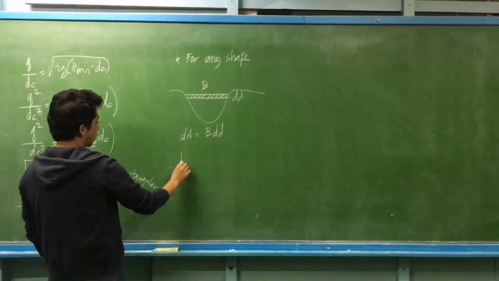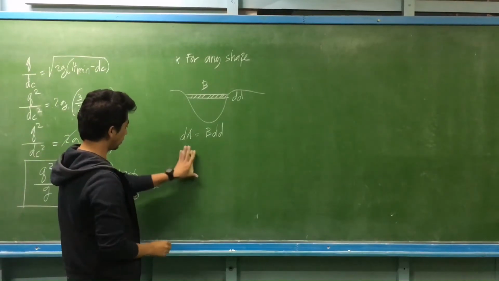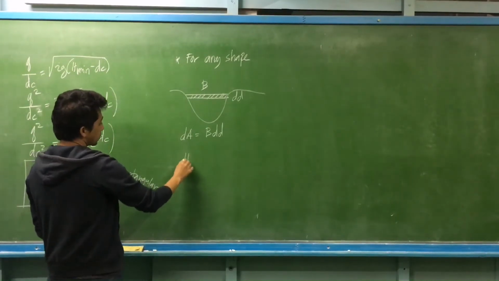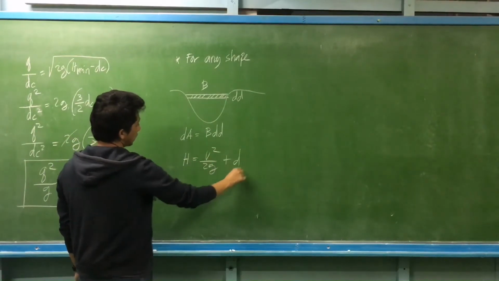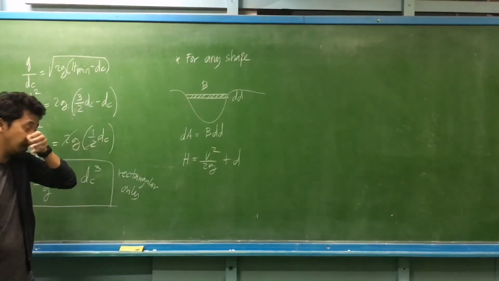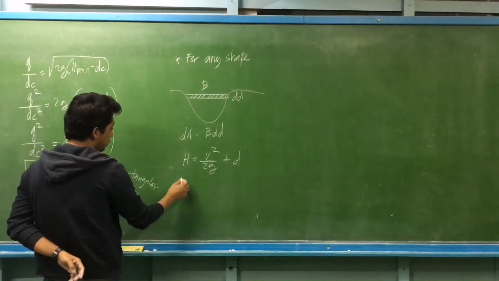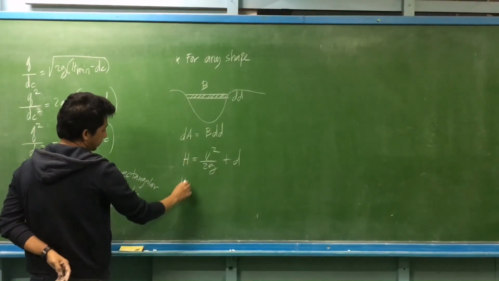So we have the specific energy, as we had earlier, is equal to V squared divided by 2G plus D. So all you have to do is replace V in terms of the discharge.